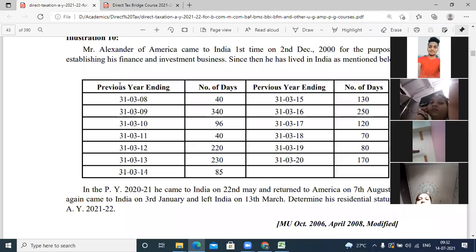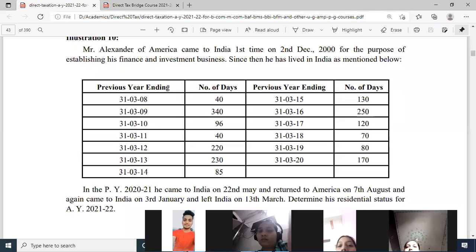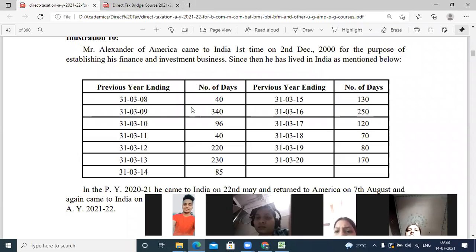Now see, Mr. Alexander of America came to India for the first time in 2000 for the purpose of establishing his finance and investment business. Since then, he lives in India for following period. So we are not concerned about too old periods.